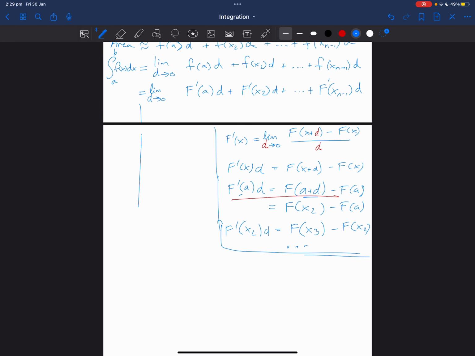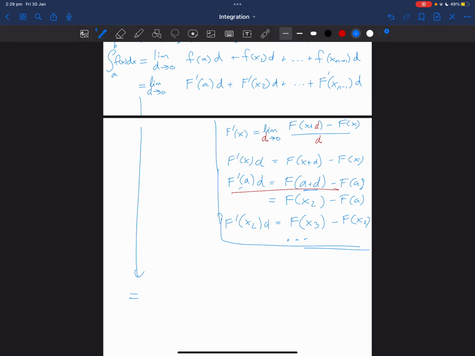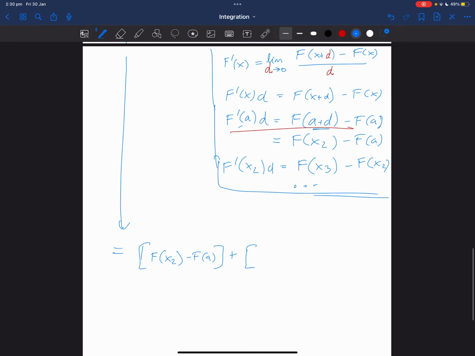So if I resume from here, because both of these things are true at the limit, this is equal to: instead of f dash of a, we substitute f of x2 minus f of a. And then the next one is f of x3 minus f of x2.